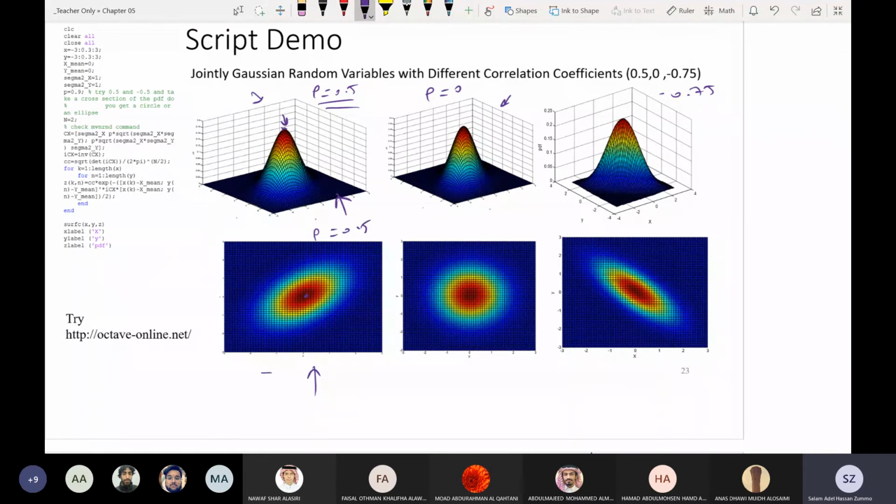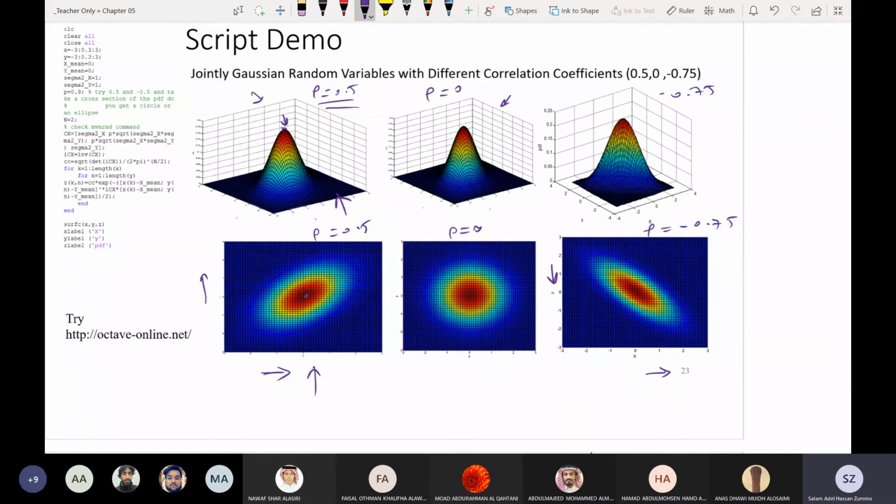you can see that it's a positive correlation: as x increases, y increases. While rho equals 0, there is no relationship: x increases, and y has no relationship. While rho equal minus 0.75, you can see that as x increases, y decreases.